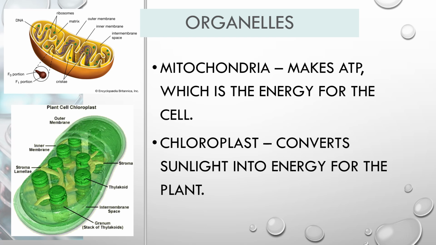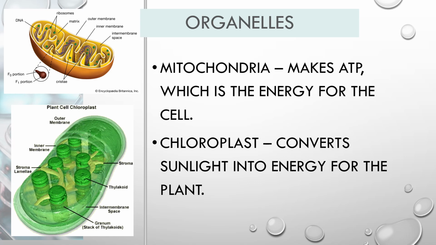You can also think of plants as being autotrophs, that they make their own food. This is the interconnection between them. The chloroplasts take the sunlight, they produce the food that feeds the mitochondria, which produces the energy.